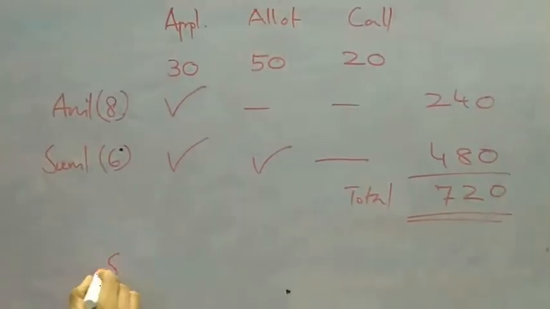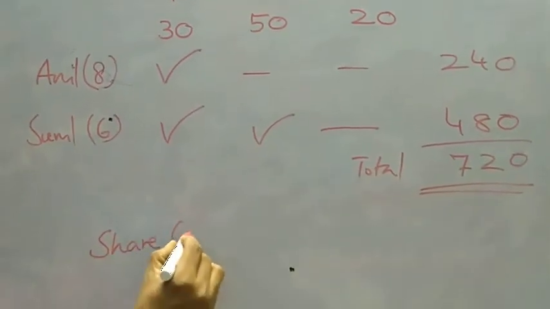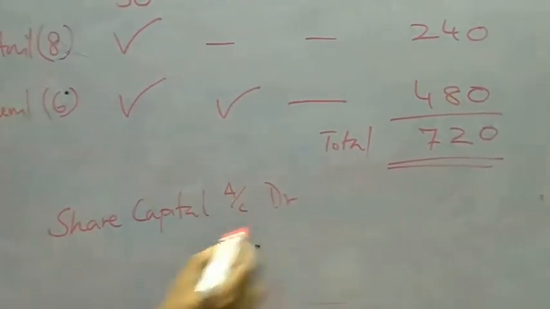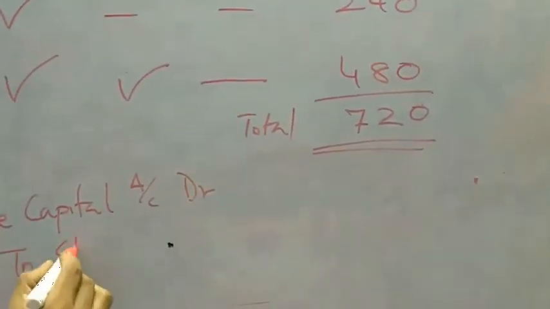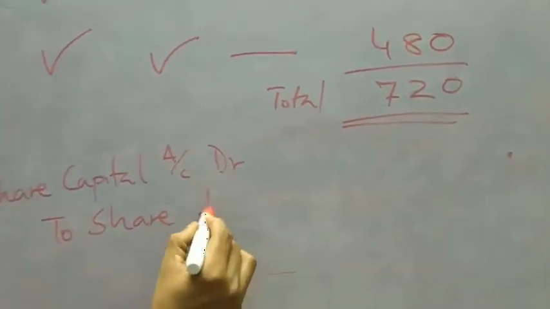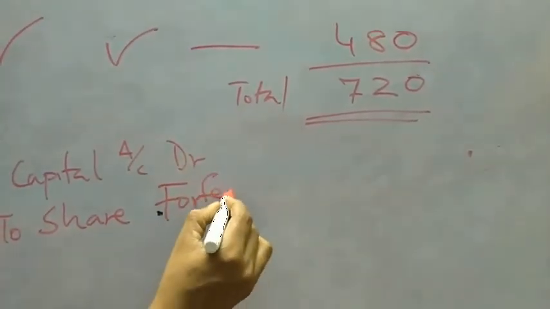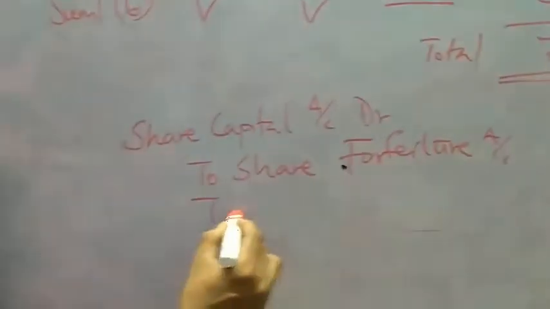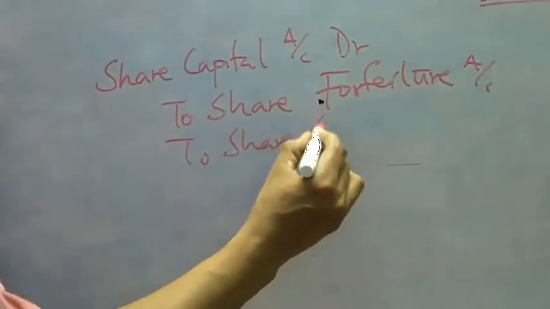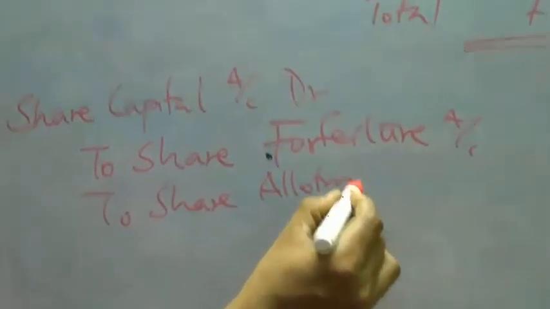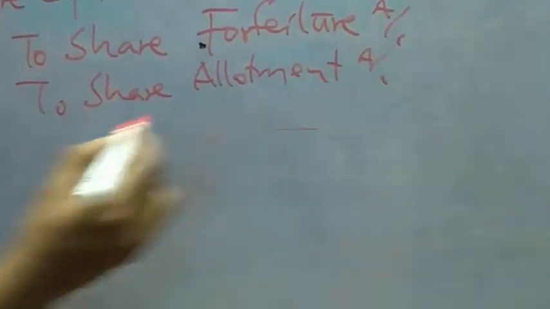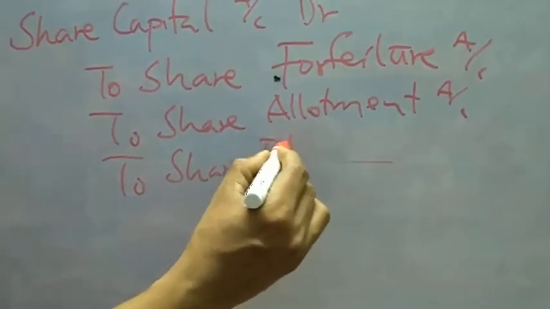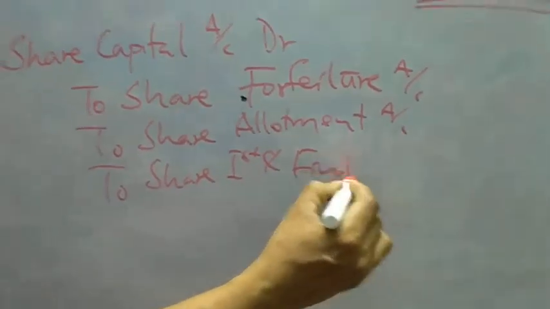Entry is share capital account debit, to share forfeiture account, to share allotment account, to share first and final call account.